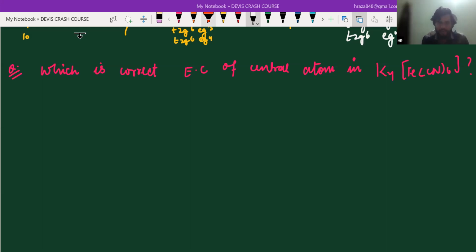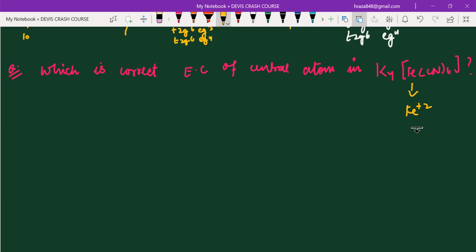So it's very easy. As you can see, this is Fe what? Fe plus 2, right? So if you are going to do the electronic configuration, always try to do the electronic configuration of the neutral atom first.